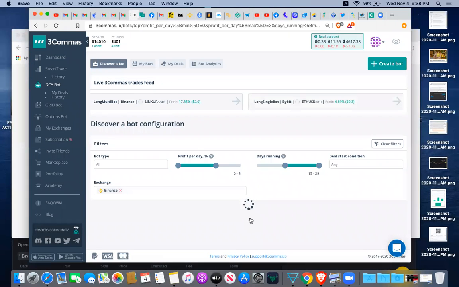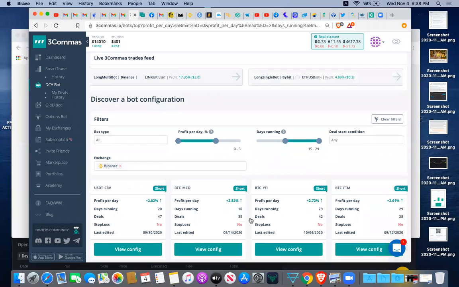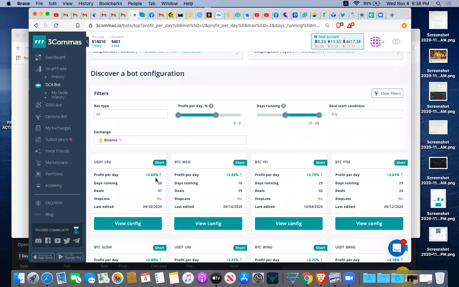Now you short it or you long it depending on what strategy you made. On the average, what this guy was doing per day was 2.82%. Even this guy, BTC MCO, you short it. You can see my own strategy. This one, BTC EFI, 2.72%.